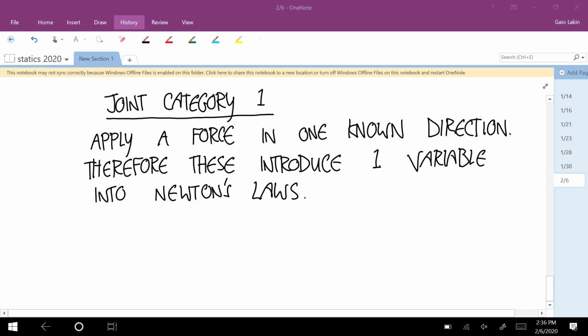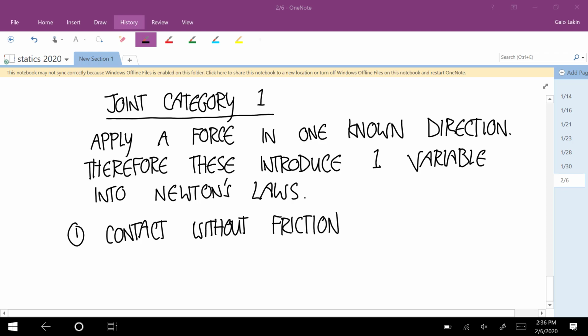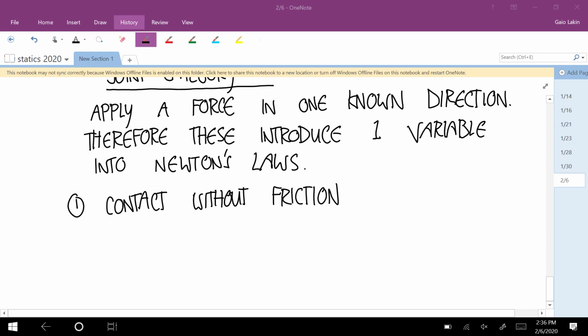The first one of these is contact without friction. We've already dealt with this one. So this would show up in a problem like this. There's a surface, and then there's a body that makes contact with it like that. Let's say this is body 1 and this is part of body 2.